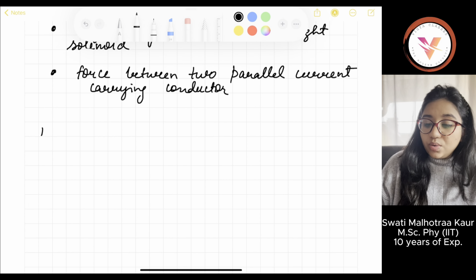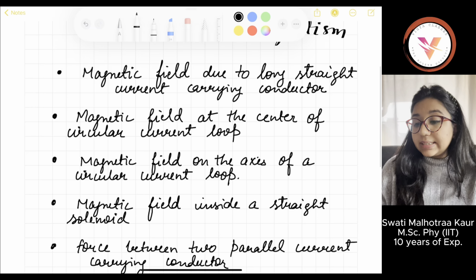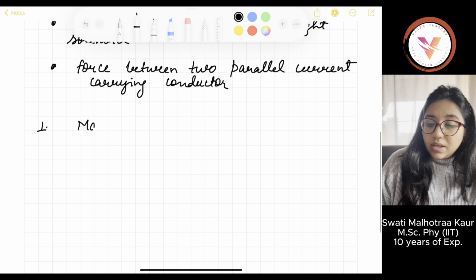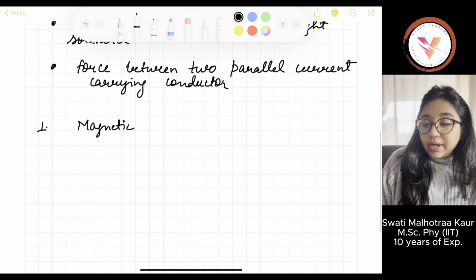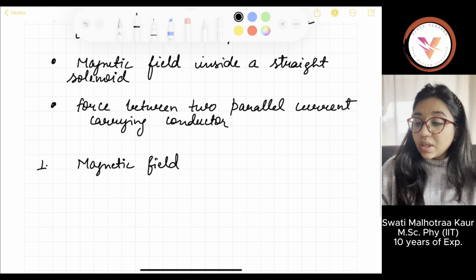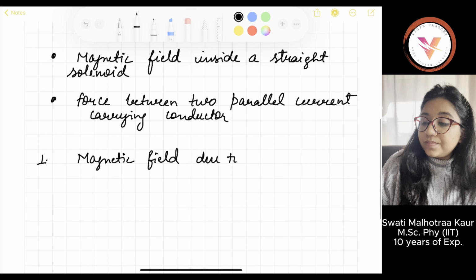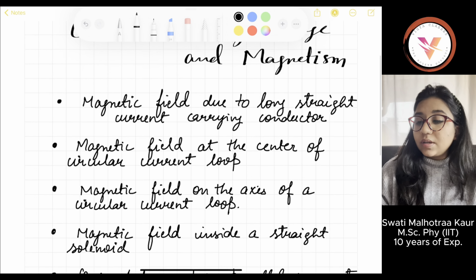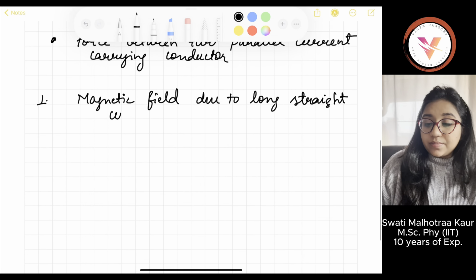Okay, so the first derivation is magnetic field due to long straight current carrying conductor. So we are calculating the magnetic field using Biot-Savart law. Magnetic field due to long straight current carrying conductor.